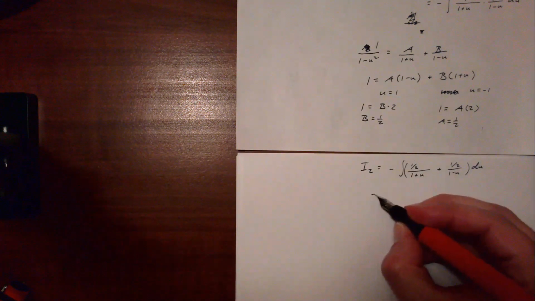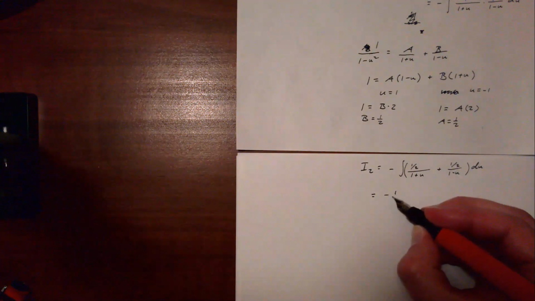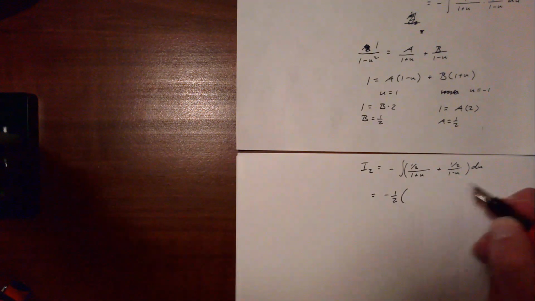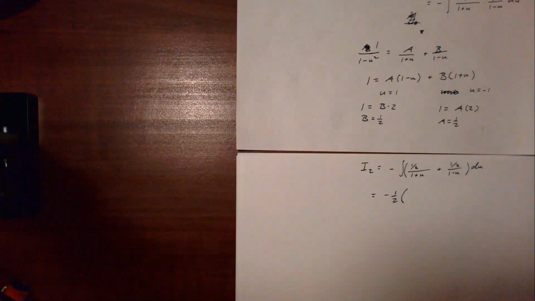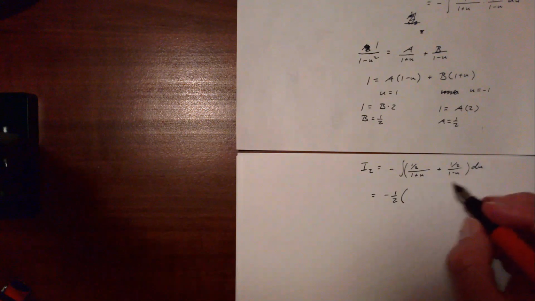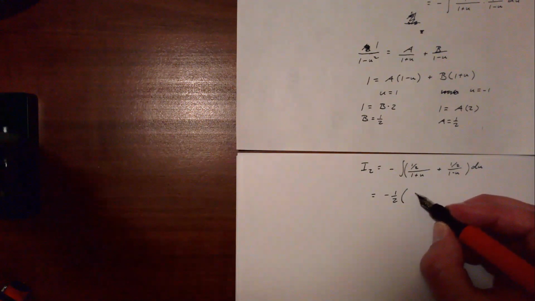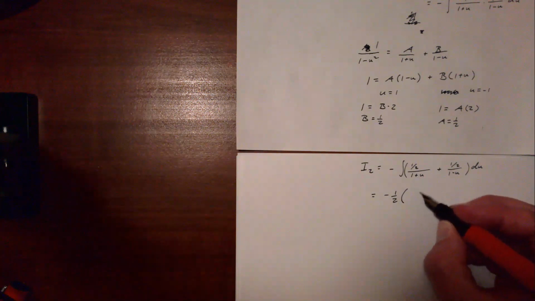Which is equal to negative 1/2. And here I can just pull the negative 1/2 out to the front, and that's going to give us the integral of 1 over 1 plus u.